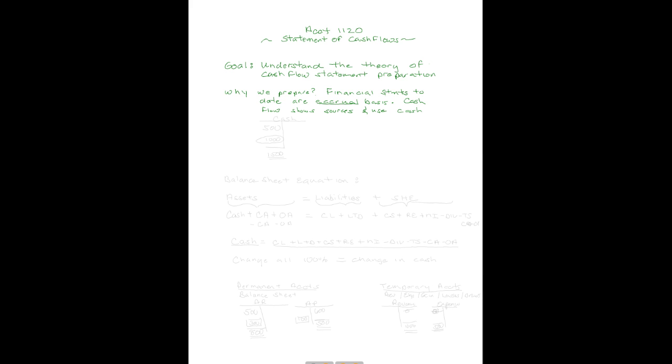So in a sense, it takes what we've done in the past on the accrual basis and converts it back to cash. It's kind of ironic, don't you think? We spend 2 semesters learning how to do accounting on the accrual basis, and then we teach how to flip it back to cash.